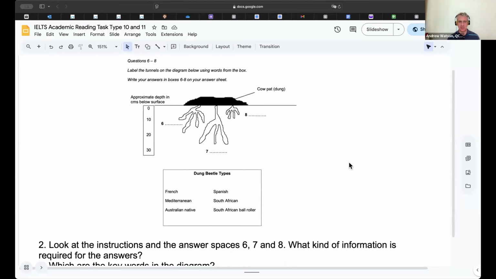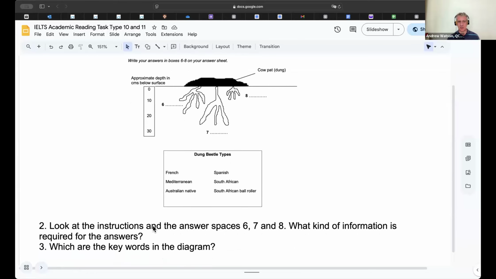Just the Spanish dung beetle? No, that looks like six, right? Six types of dung beetle. So maybe each type of beetle digs a different kind of tunnel. That's right. That's what it implies. So some dung beetles dig tunnels that are deeper than others. Yeah. Who knew?